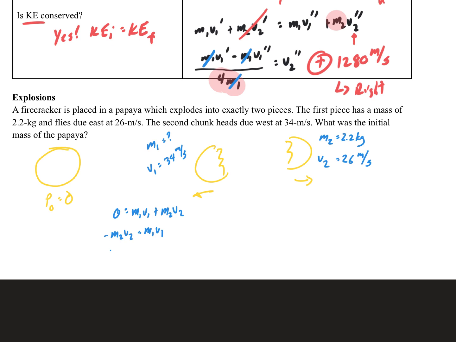This turns into negative m2v2 over v1 equals m1. And that's what we were looking for, this guy right here. So if I run the calculation, I should get about 3.9 kilograms for the m1 piece, or that chunk that was missing before.